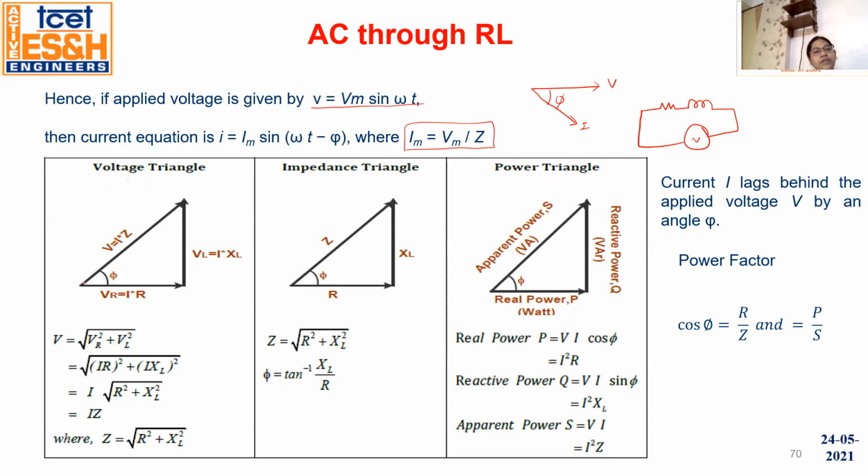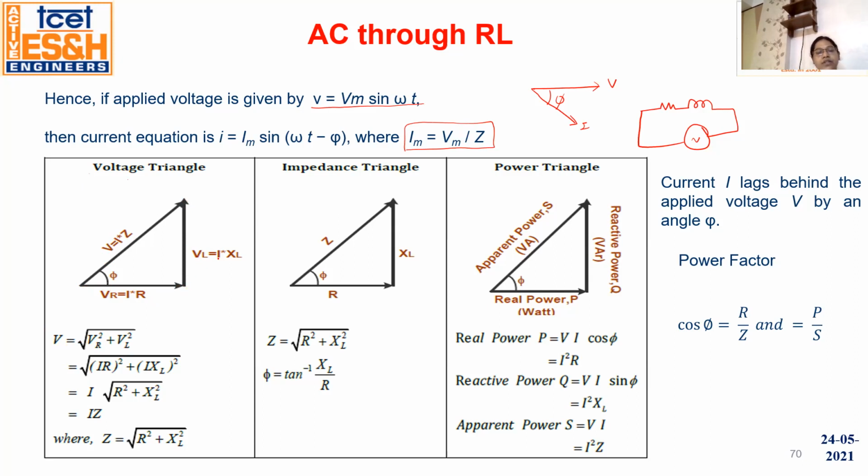Here you see that this is the voltage triangle, in which we take all the quantities of voltage. So the total supply voltage is what? The square root of VR square plus VL square. We represent VR in phase with the current, and VL is 90° ahead, so that's why it is a vertical component.